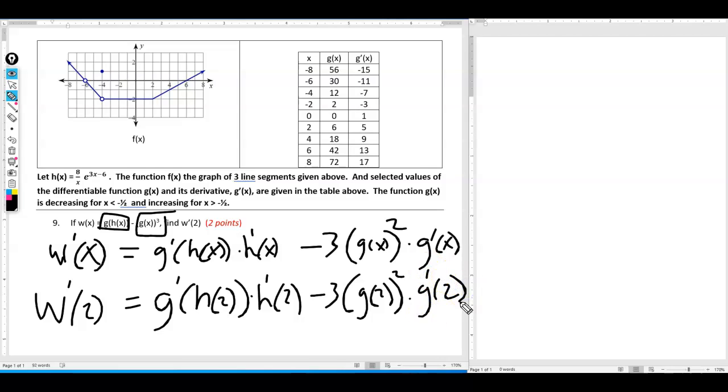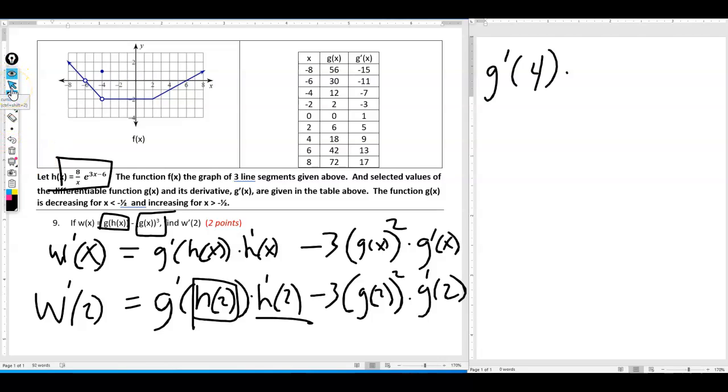Okay, let's go ahead and start working some of this stuff out. So g prime of h of 2. Let's do this first. What is h of 2? Well, we did that earlier. We plugged it in up here, and I believe we got 4. Let's do h prime of 2. Did we do that earlier?